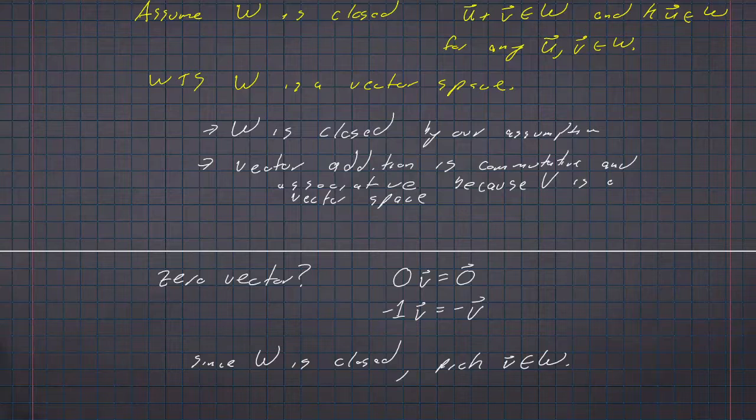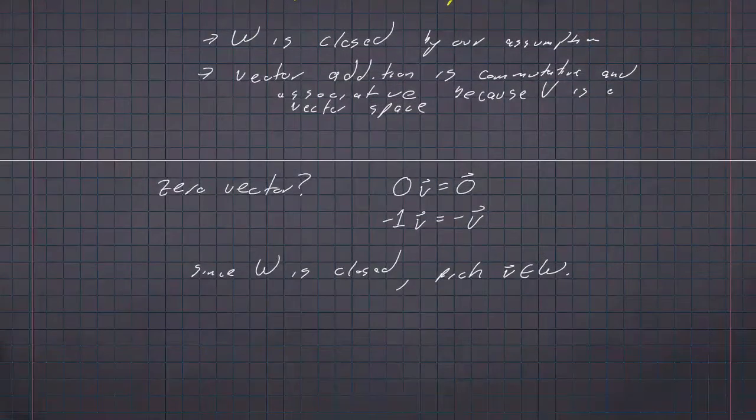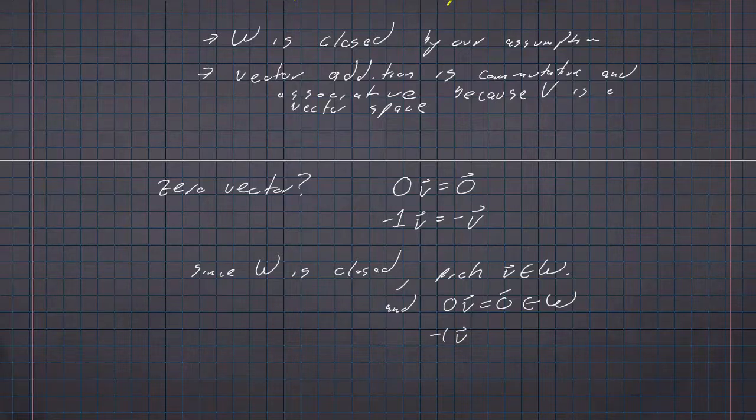So since W is closed, we pick some vector in W, and 0 times V is 0, must be in W. And -1 times V is the opposite of V, must be in W. So the 0 vector must be in W, and the opposite of every vector in W must also be in W. If that were not the case, then W would not actually be closed.